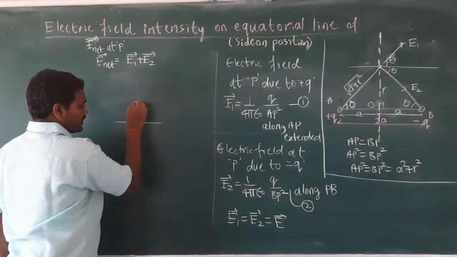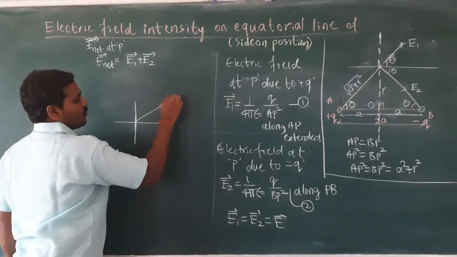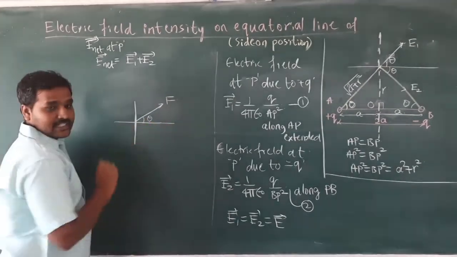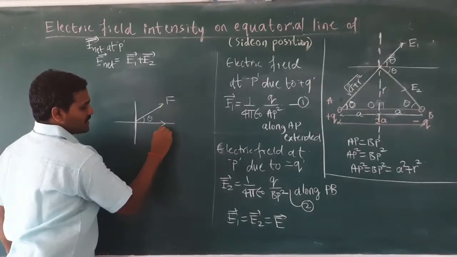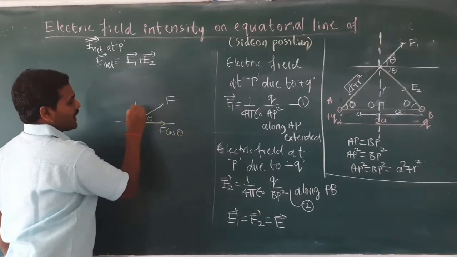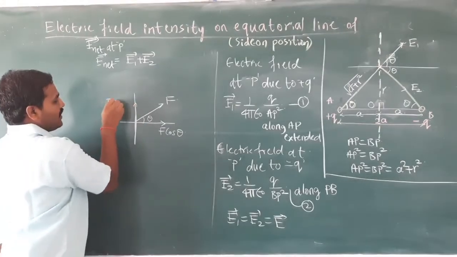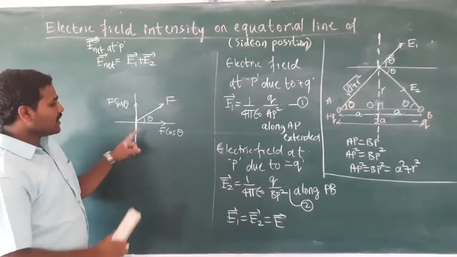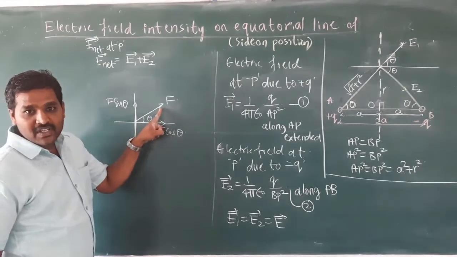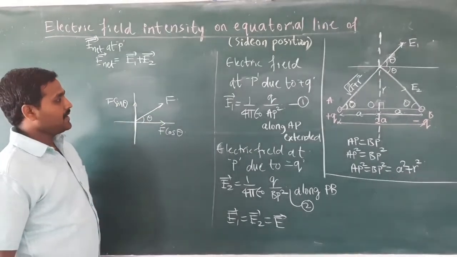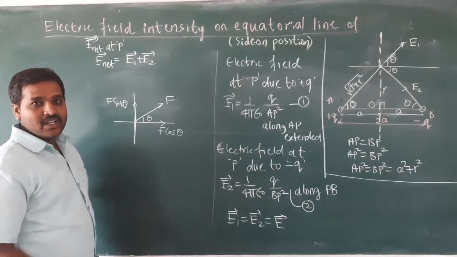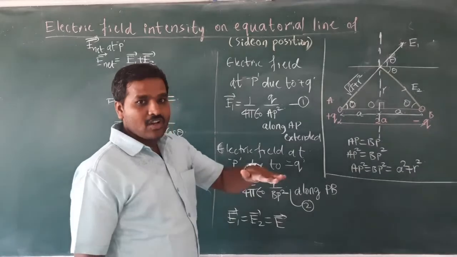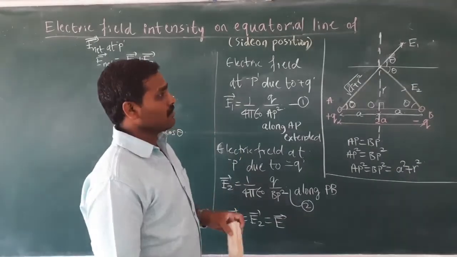Let us consider a Cartesian coordinate system. If I have some force F which is inclined with respect to the horizontal axis at an angle of theta, this force can be resolved as F cos theta along the x axis and F sin theta along the y axis. So these are the horizontal and vertical components of this force F. Similarly, any vector which is inclined to the horizontal axis with angle theta can be resolved into horizontal and vertical components.